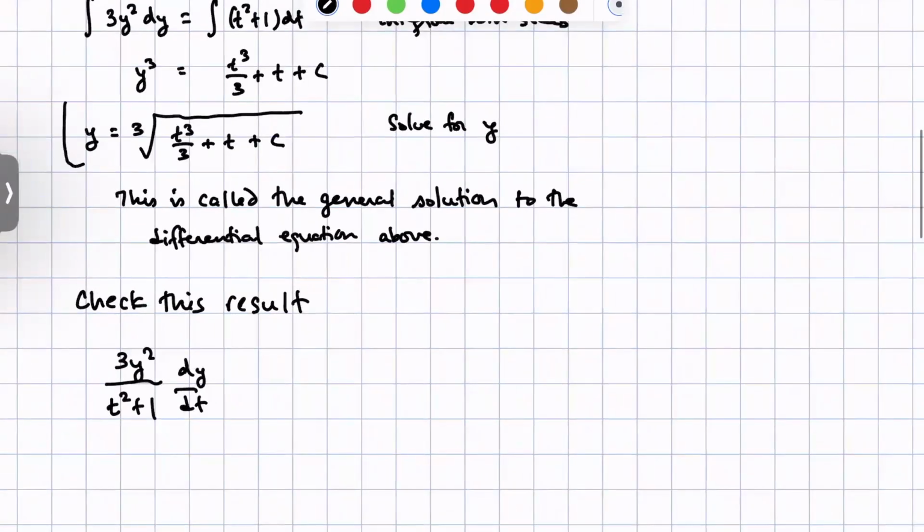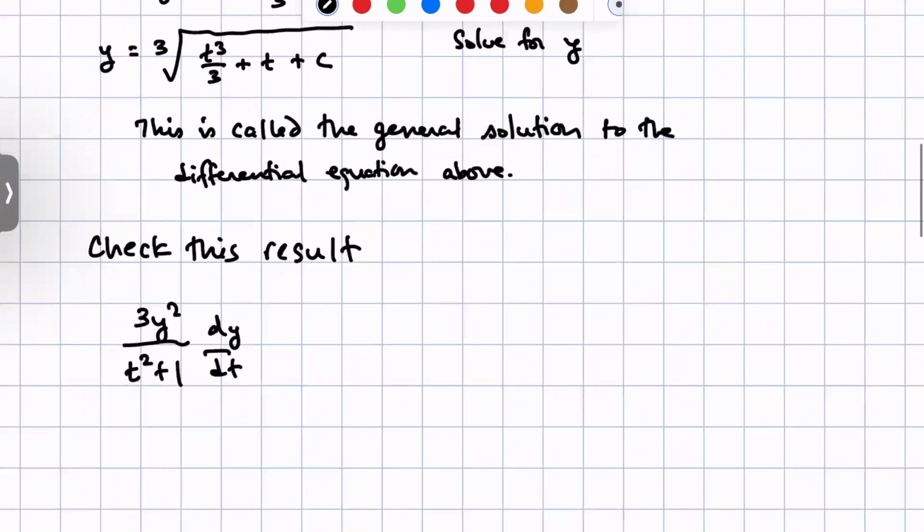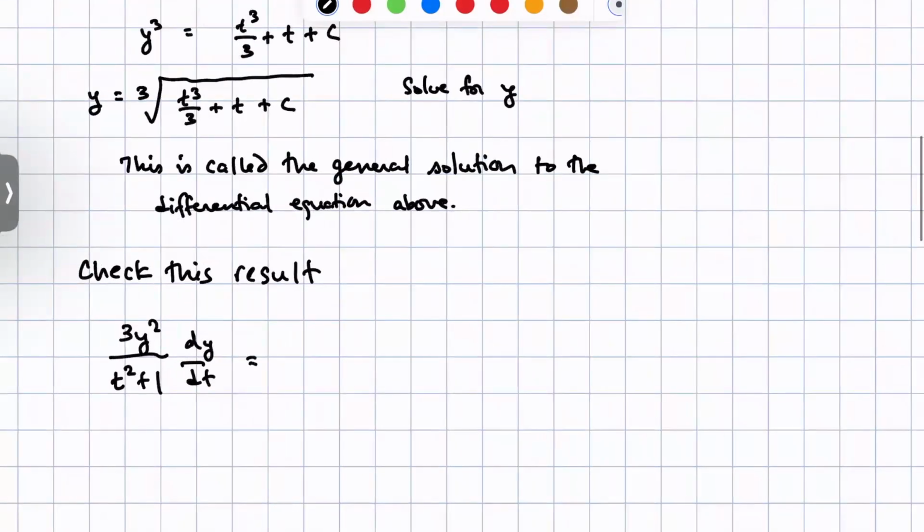So using this particular y, let us figure out whether or not it's actually equal to 1. So here's 3. Now the y is given by this object right over here. Now this is to the 1/3 power, right? And then I'm being asked to square it. So it's actually going to be to the 2/3 power, right? Divide by t squared plus 1.